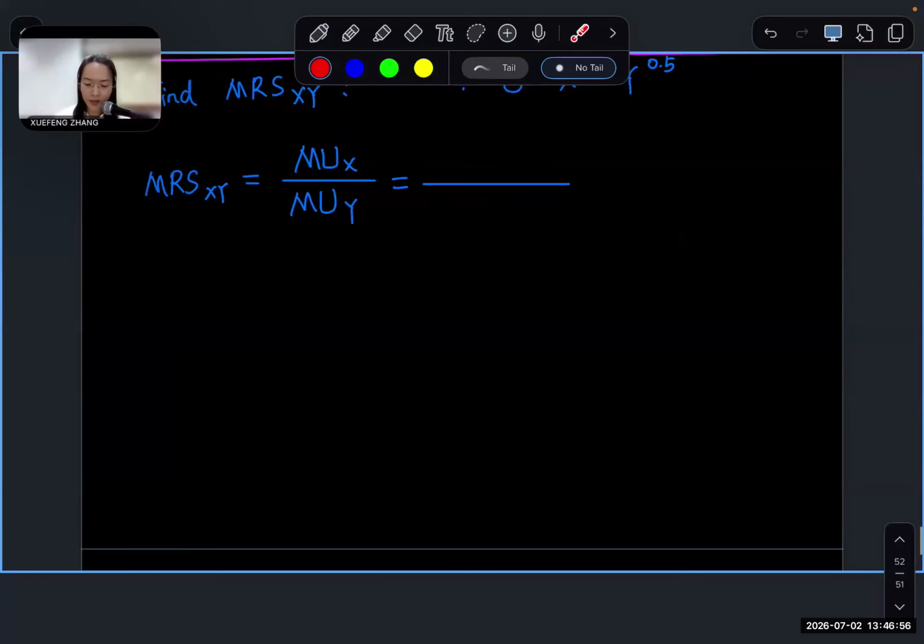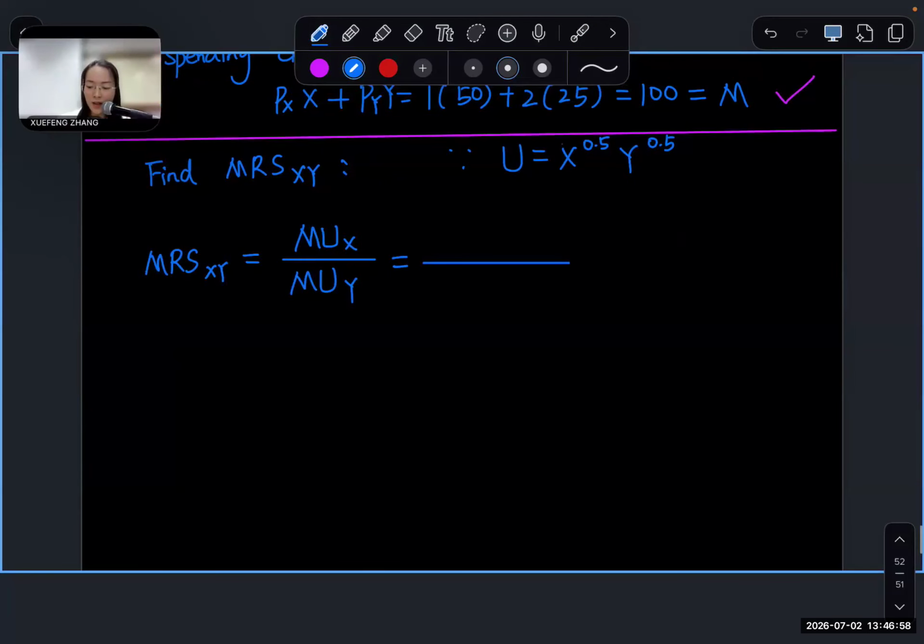Let's do it again. We take the derivative with respect to X, which means I treat Y as a constant. So here it is 0.5 X to the power negative 0.5.